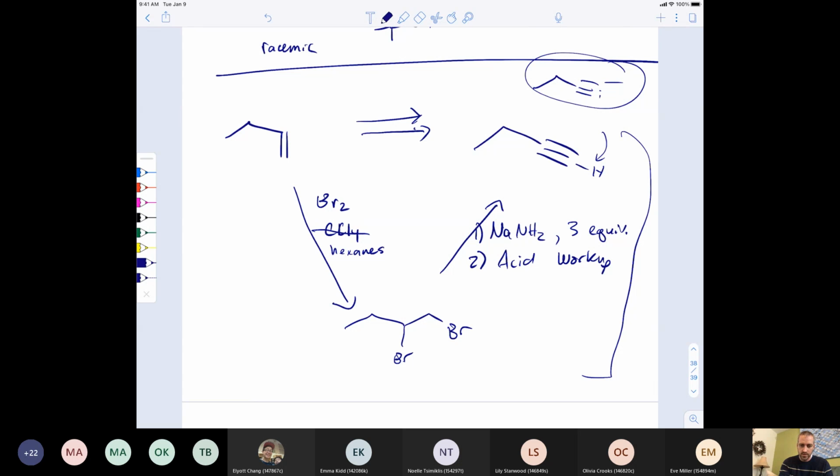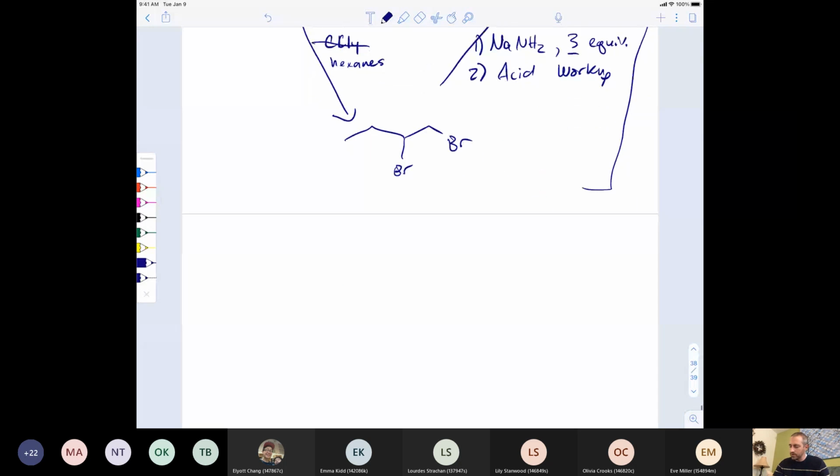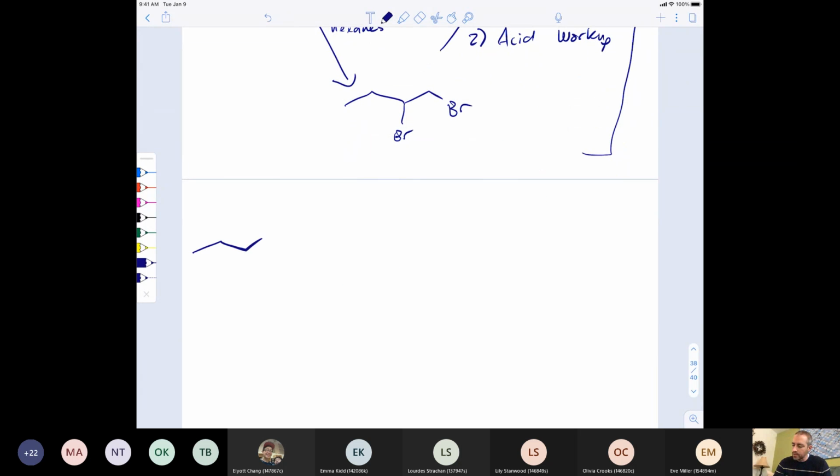There's only two parts there. So is it for every equivalent, it adds like an extra bond? That's true for the first two. So I can go through that mechanism if you like. Because we have a hydrogen here, and a hydrogen here. Can the NaNH2 only be used when you go to the alkyne? You can use NaNH2 anywhere as a base. It's a bit like using a sledgehammer to drive a finish nail in.